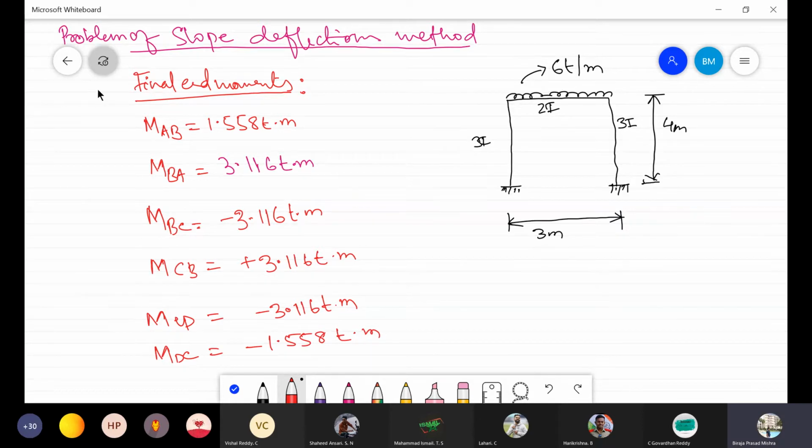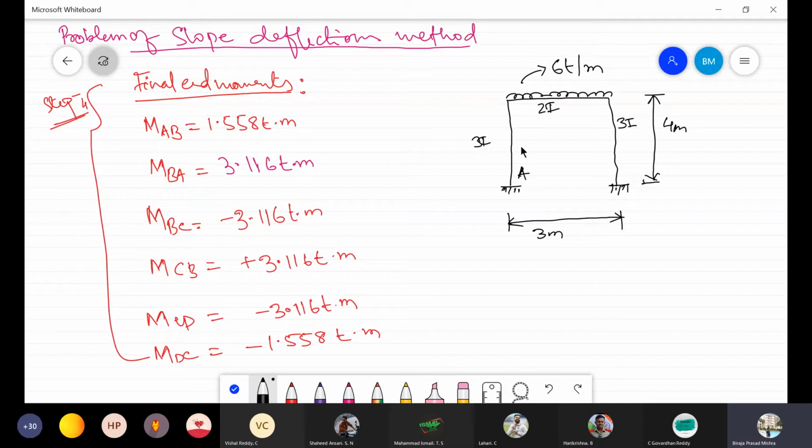So what is the step number? Step number 4 or step number 3? 4. Okay, so now the next thing is we need to find out the reactions, and then we will go for the shear force and bending moment diagram. Let me give the numbers.